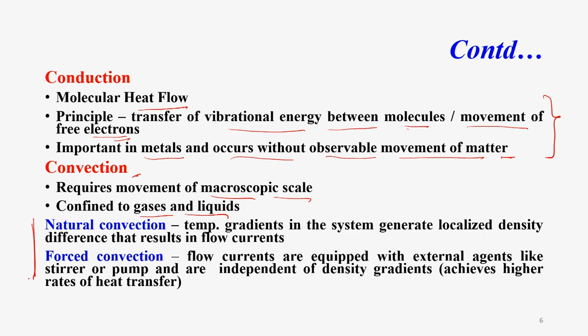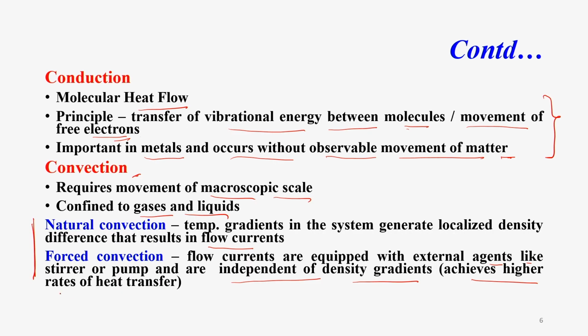One is natural convection, in which a temperature gradient in the system generates localized density differences that result in flow currents. The other is forced convection, where flow currents are produced by external agents like a stirrer or pump and are independent of density gradient.